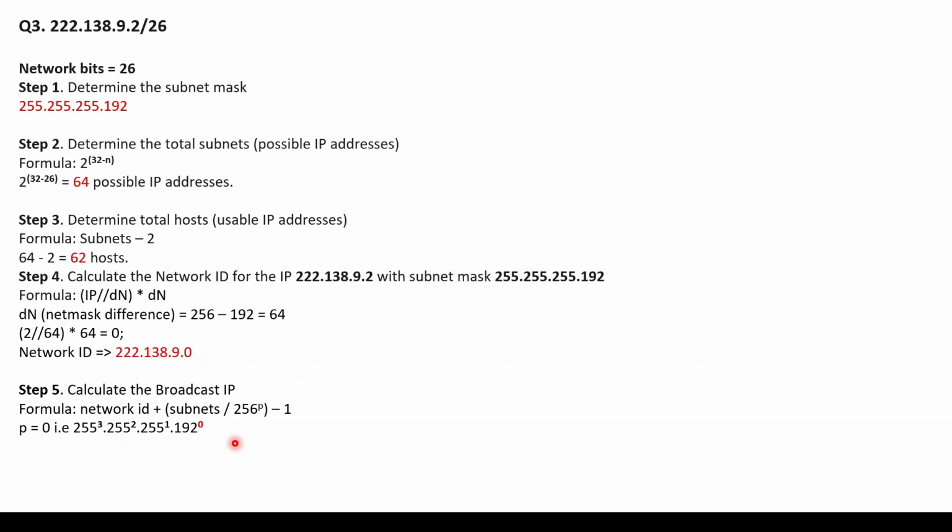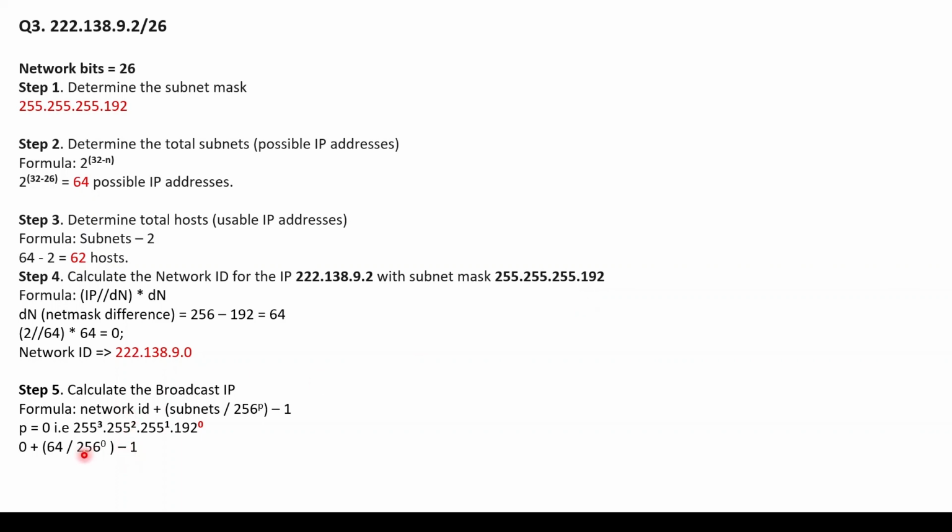Substituting everything into the formula, we have 0, which is our network ID, plus in brackets the total subnet, which is 64, divided by 256 raised to the power of p, and our p is 0 because our target octet is at position 0, minus 1.